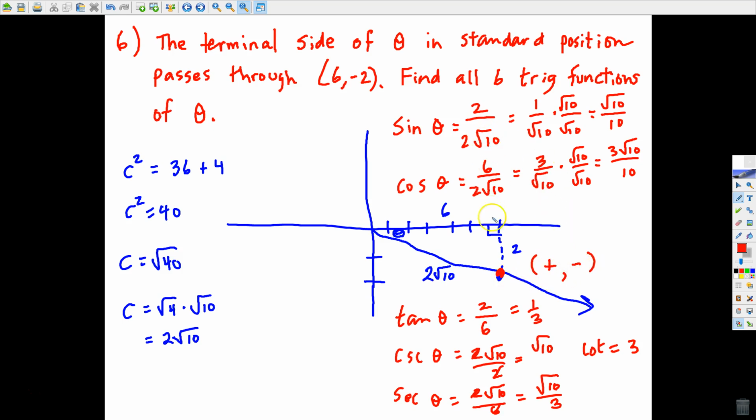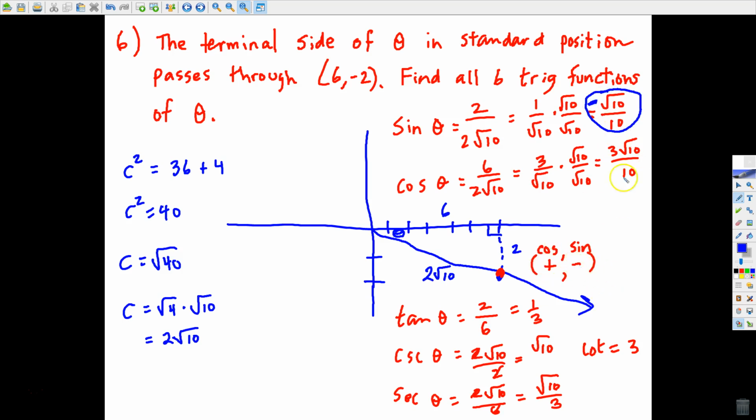That means when we're looking at ratios, remember x corresponds to cosine and y corresponds to sine. So before you finish your answer, since this terminal side falls in quadrant 4, you've got to make sine negative. I just wanted to emphasize that here at the very last.